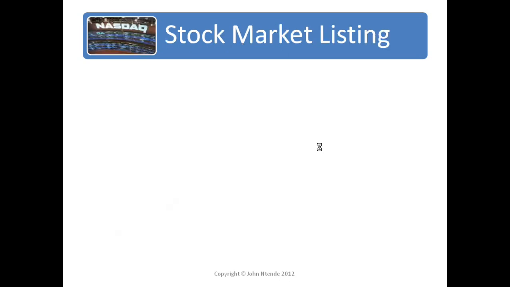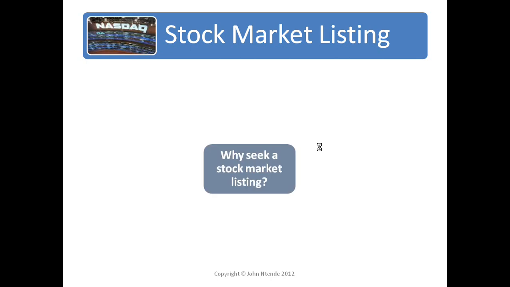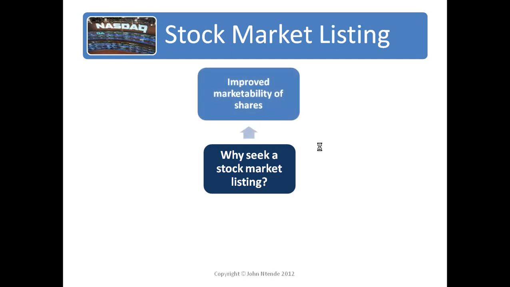Now let's look at stock market listing. Why would a company seek a stock market listing? There are various reasons for this. It might be because of improved marketability of shares.